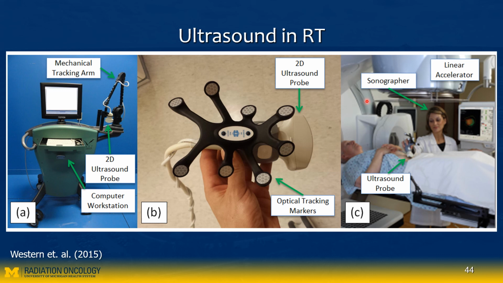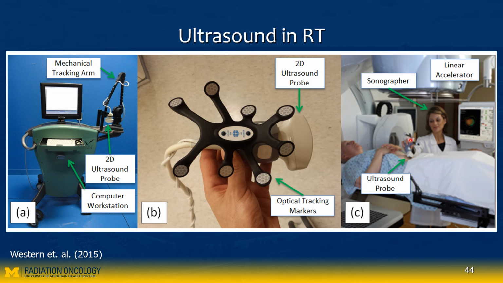The ultrasound image is not that popular, but you can use in-room ultrasound to localize the prostate, for example. This special ultrasound probe has optical tracking markers. The therapist would position the patient, then look at the ultrasound image of, say, the prostate. The ceiling-mounted optical camera can see these optical reflectors and register the patient position to the planned location.